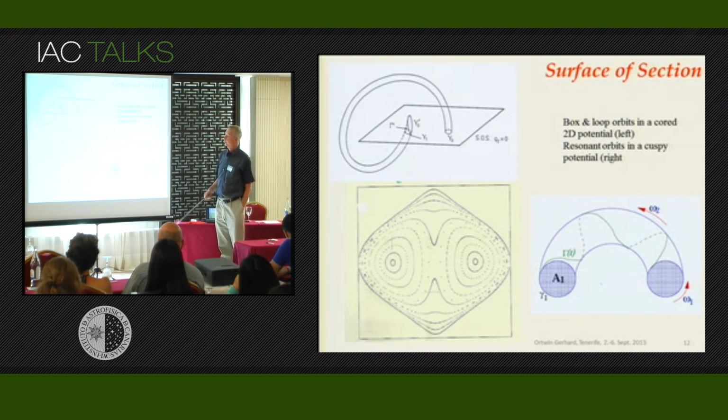Then we were looking at the coordinate system of angle action variables, and essentially the action variables measure something like the cross-section of the torus, the independent cross-section of the torus.